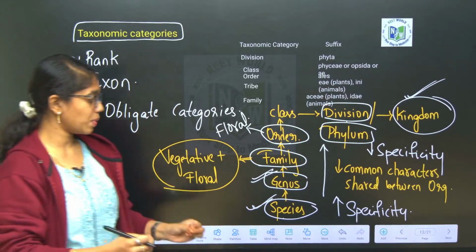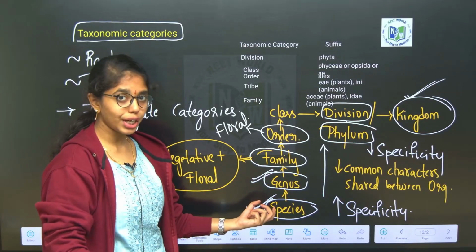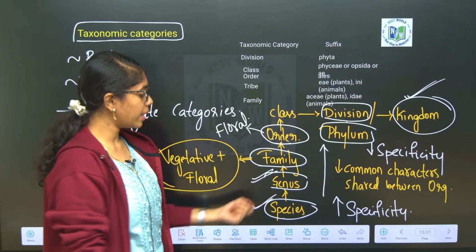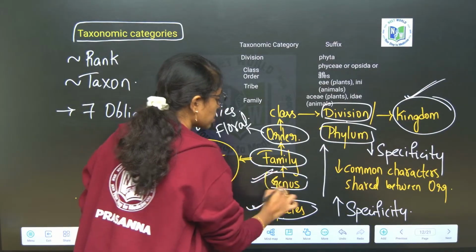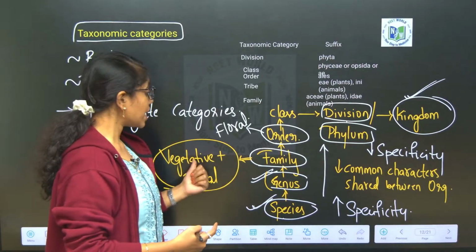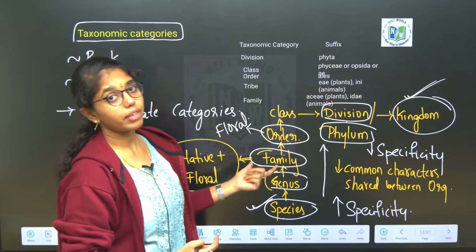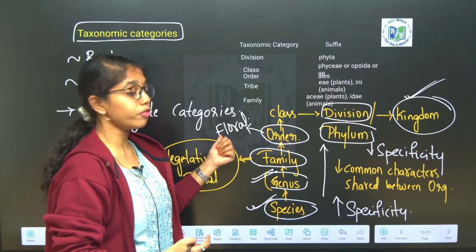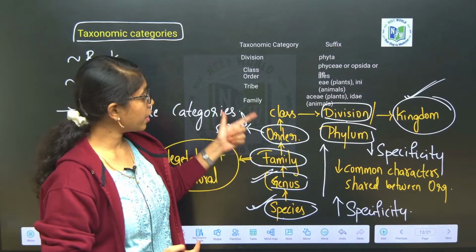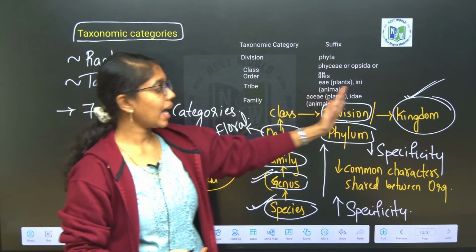Then a group of related species with some morphological differences come under genus. A group of related genera with the same vegetative and floral characters are kept under family. A group of related families which have the same floral characters are kept under order, and then you have class, division or phylum, and lastly kingdom.